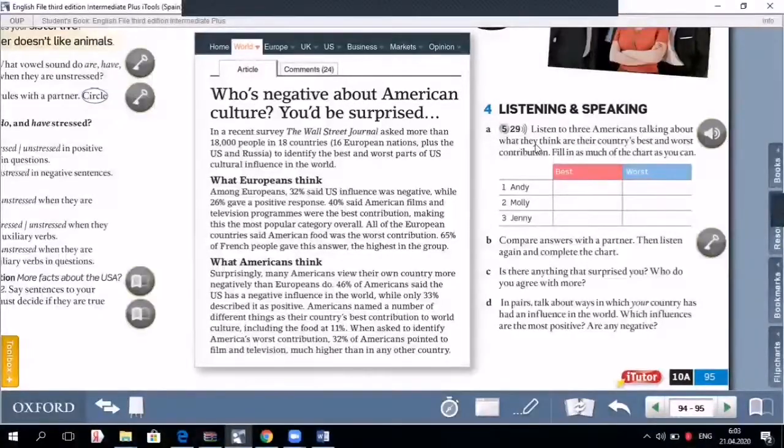All of the European countries said American food was the best contribution. 65% of French people gave this answer, the highest in the group. This is the thought of Europeans.